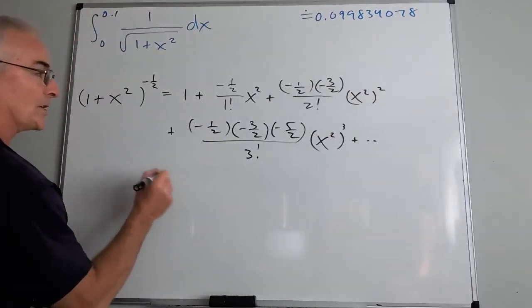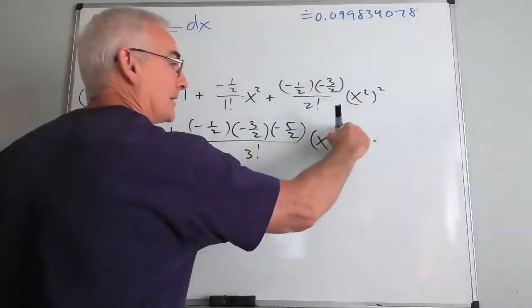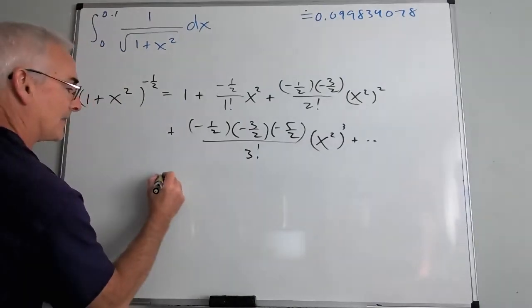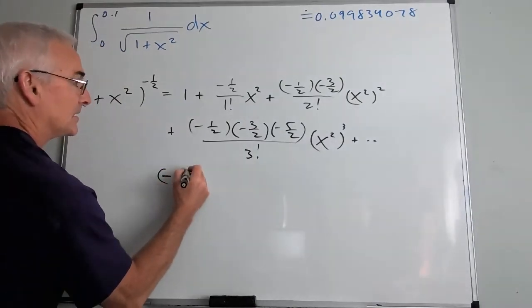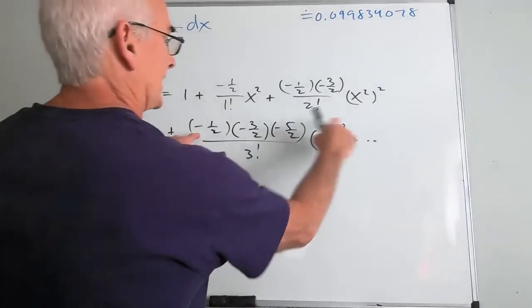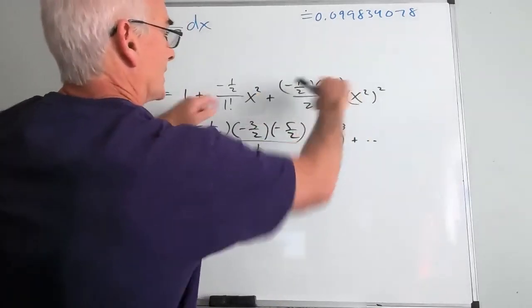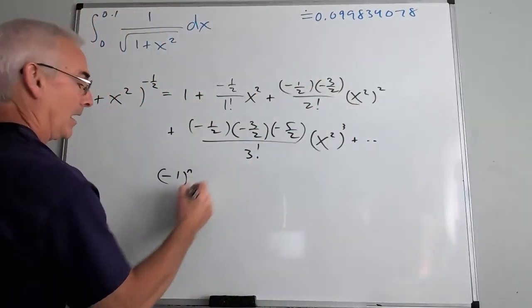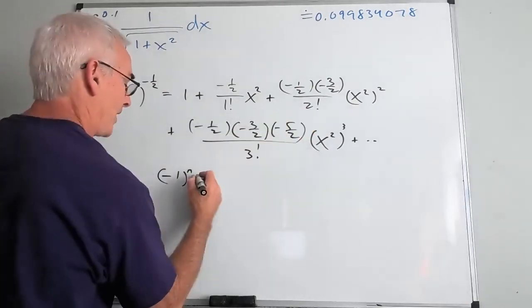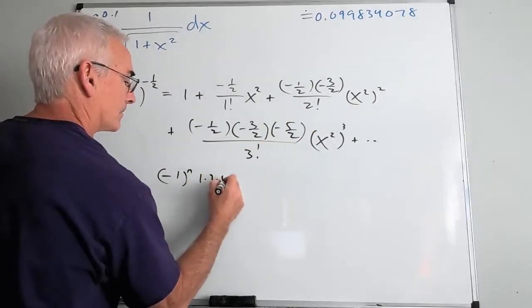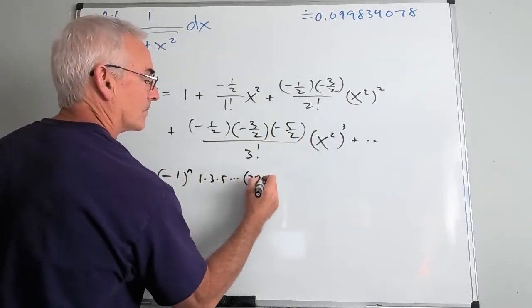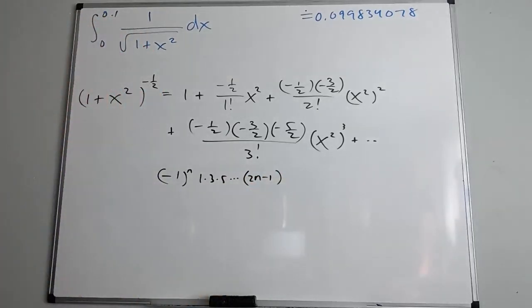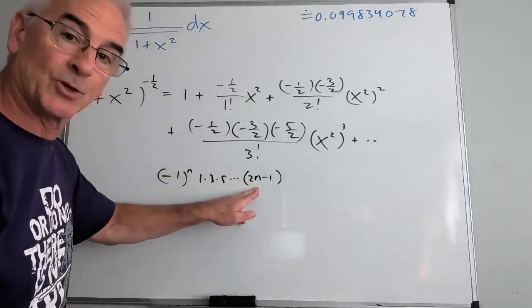Okay, so what I want to do is the n. So clearly I'm going to have a -1 to the nth power. See 3 negatives when it's a cube here, 2 negatives when it's a squared. I'm going to have the 1, 3, 5 pattern. Okay, so if I said do n odd integers, then the last one would be 2n minus 1.